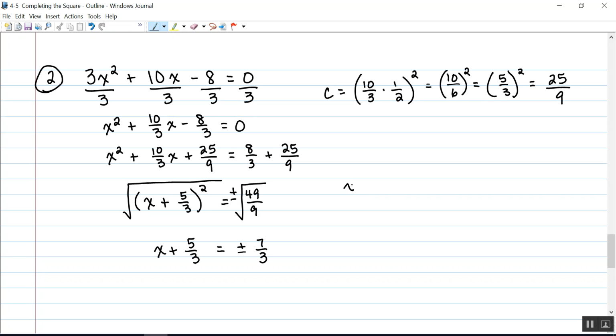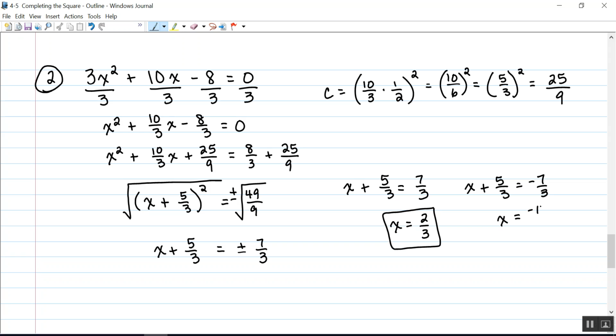That's going to give me two equations. x plus 5 thirds equals a positive 7 thirds, and x plus 5 thirds equals a negative 7 thirds. Subtracting 5 thirds from each side, I get x equals 2 thirds. And then subtracting 5 thirds from each side, I get negative 12 thirds, or negative 4.